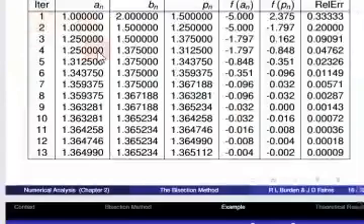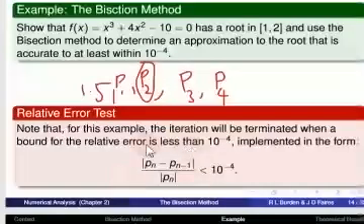Look at this one. This is the initial step, and this is the first midpoint: P sub 1, P sub 2, P sub 3, P sub 4, P sub 5, like that, right? If you have P sub 1 and P sub 2, then you can find the relative error using this equation: the current midpoint minus the previous midpoint, divided by the current one.